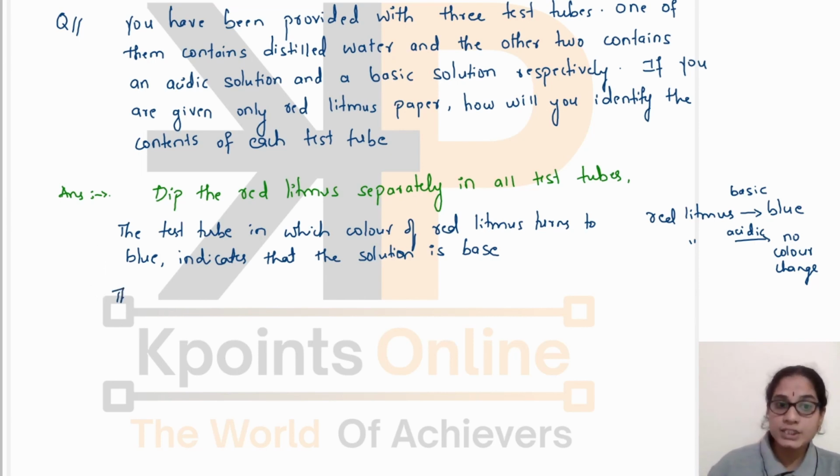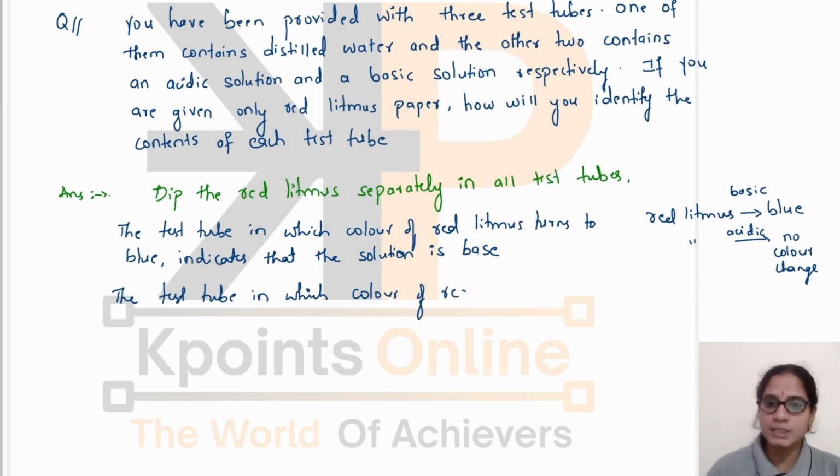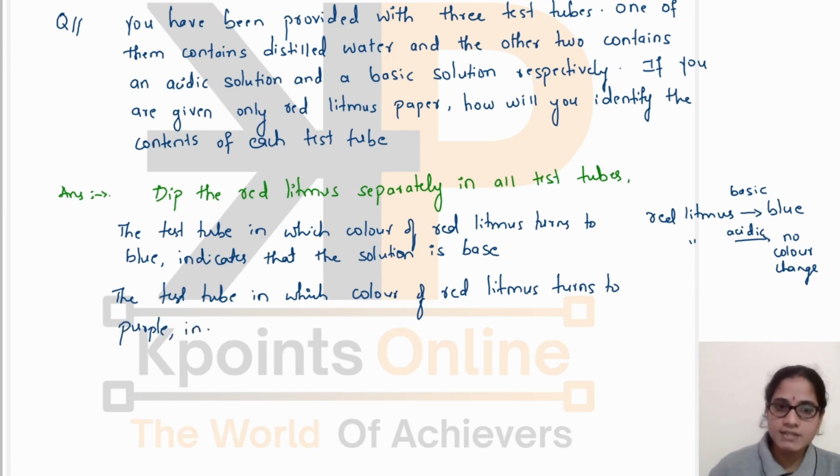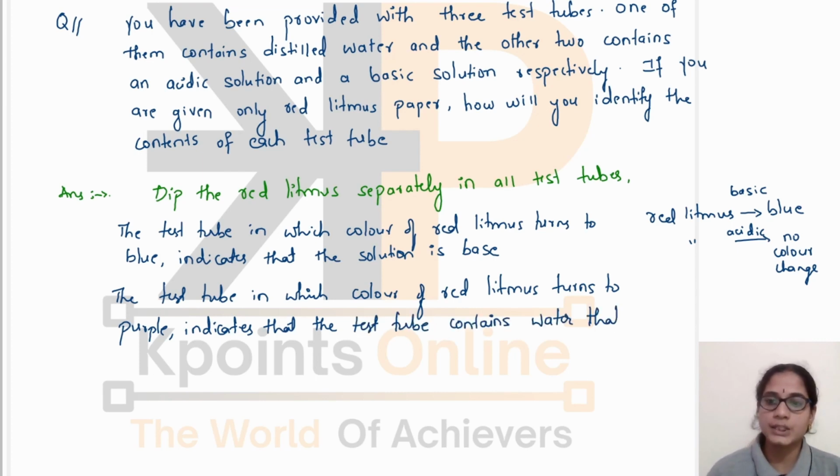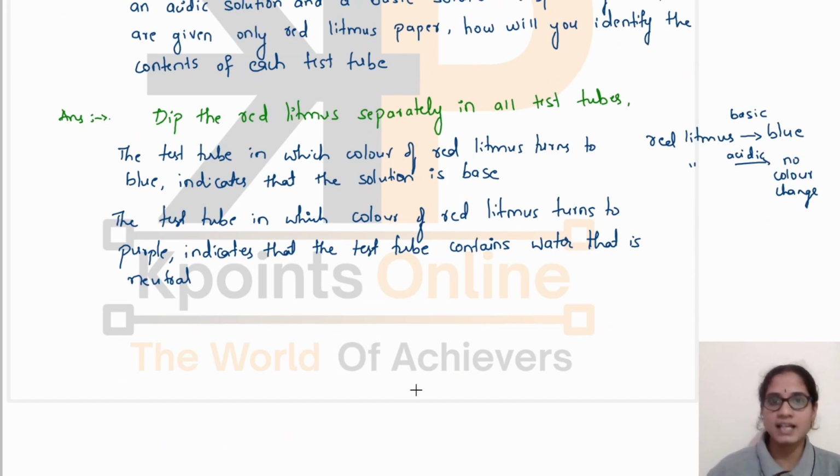The test tube in which the color of red litmus turns to purple indicates that the test tube contains water, because distilled water is neutral in nature. Then we have one more test tube that contains acid.